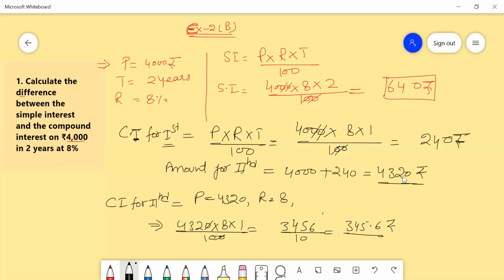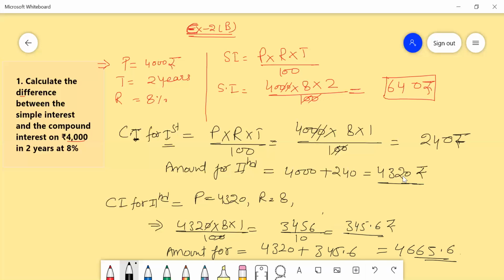Now the total amount is 4320 plus 345.6, so it will be 4665.6.